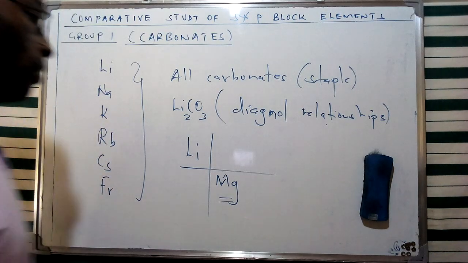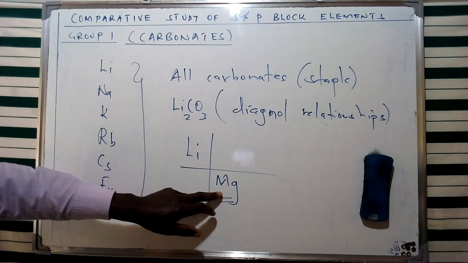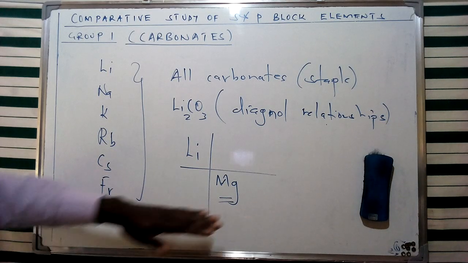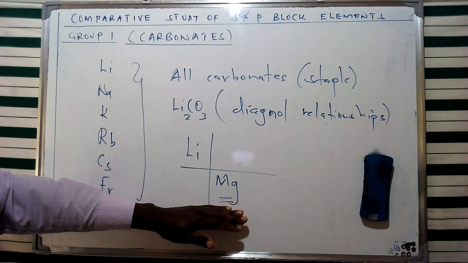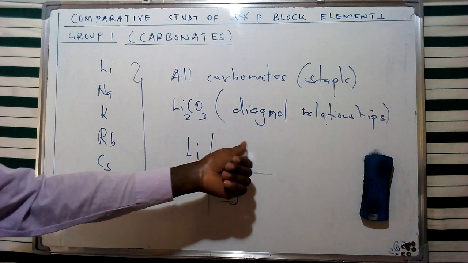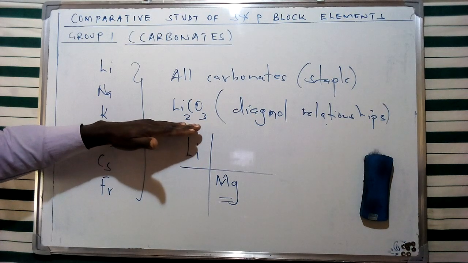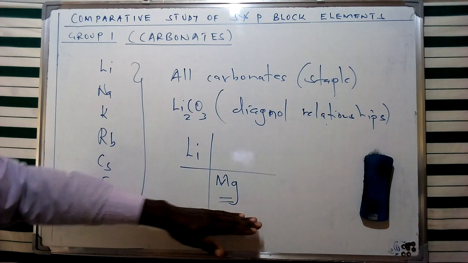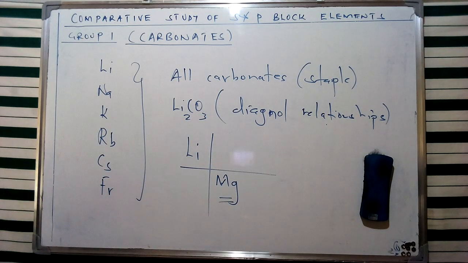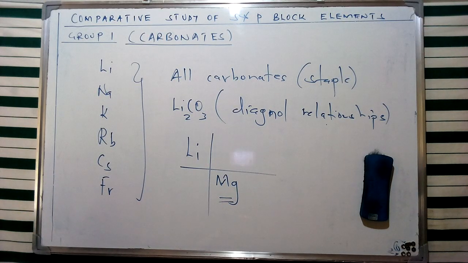Some of the properties which are going to be exhibited by compounds of lithium are going to be similar to the properties of compounds obtained from magnesium, and this is going to be referred to as a diagonal relationship. Therefore, the lithium carbonate is going to exhibit a diagonal relationship with the magnesium carbonate, as opposed to the behavior of other members of the group, which we are going to see in this particular case.